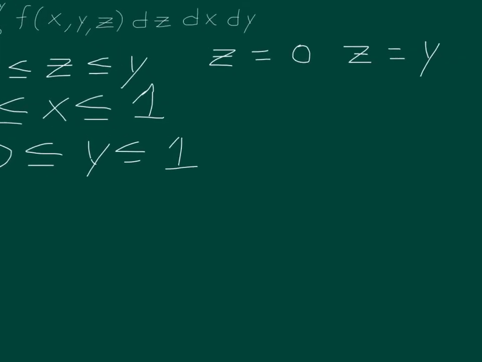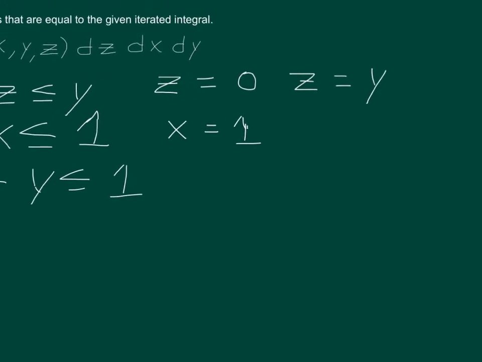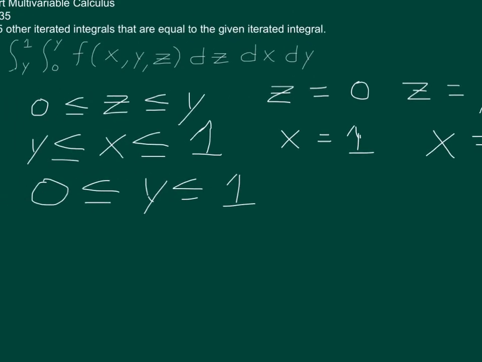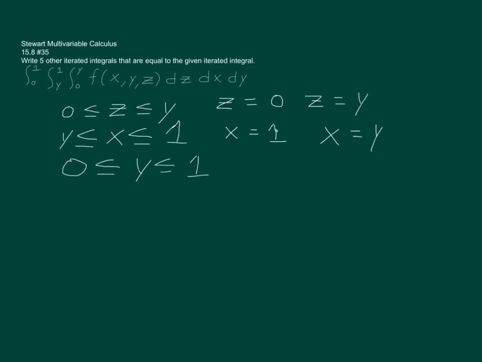So I'll go ahead and do that for the x variable. We can say x is equal to positive 1, and x is equal to y. And so what we're doing, we're not making these things up.